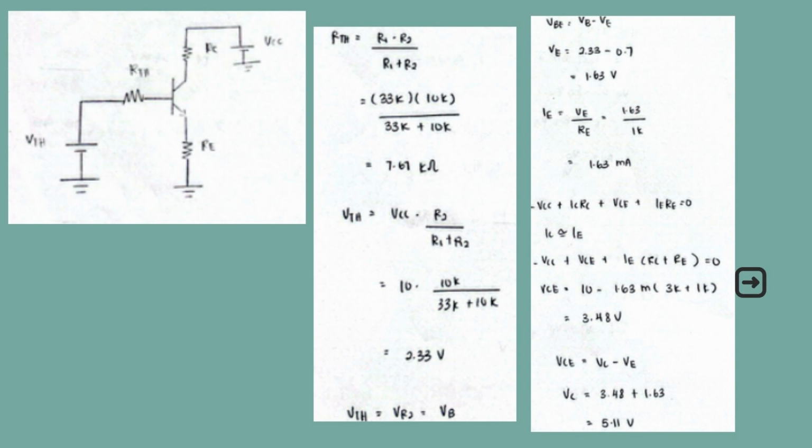To find IE, we just use Ohm's law, V over R. So to get IE, VE over RE, 1.63 divided by 1 kilo ohm, and then we will get IE equals 1.63 milliampere.